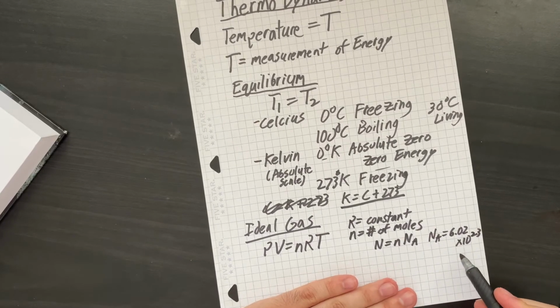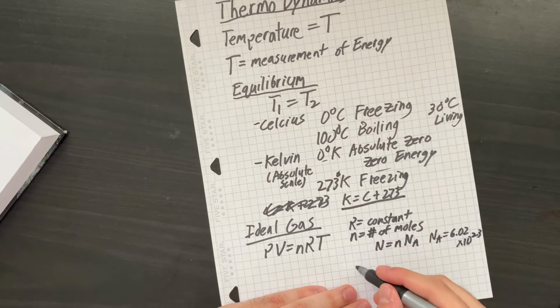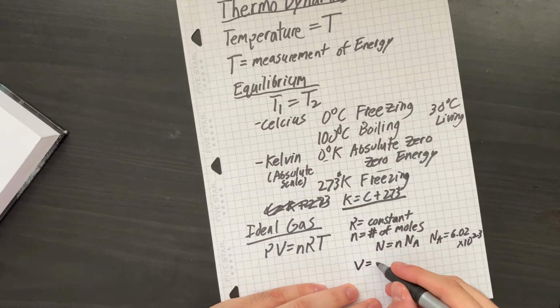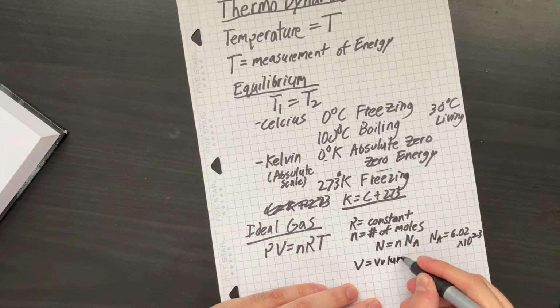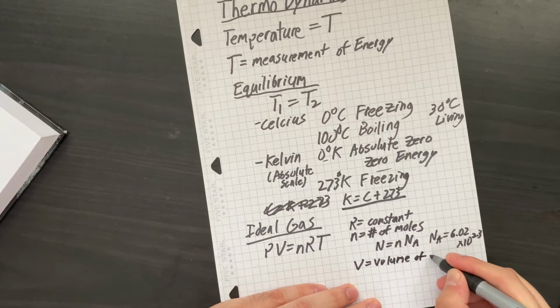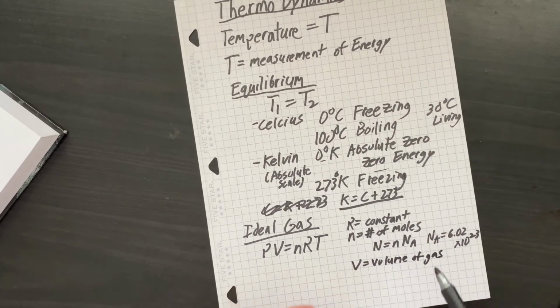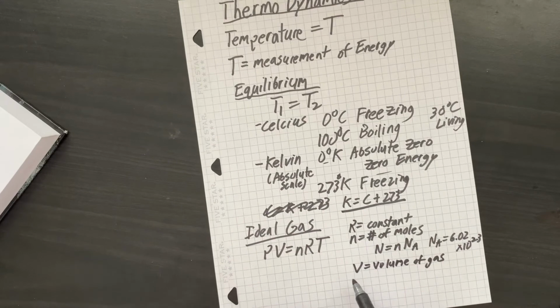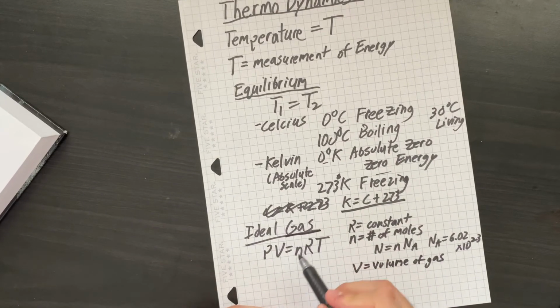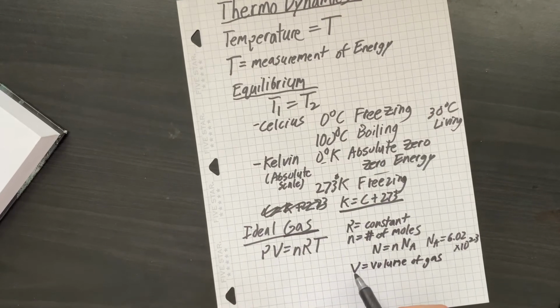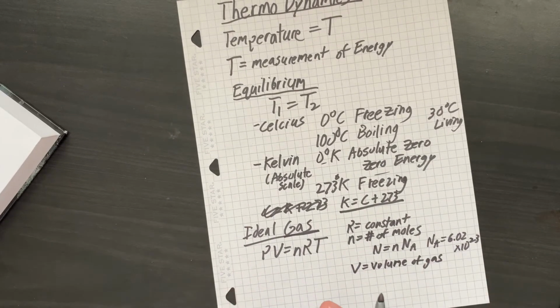An important number. V is going to be the volume of the gas. So really, this is the first property of actual gas that we know of. Because as you know, gases can change volume based on whatever container they're in. So they fill the entire volume of their container, unlike solids and liquids.